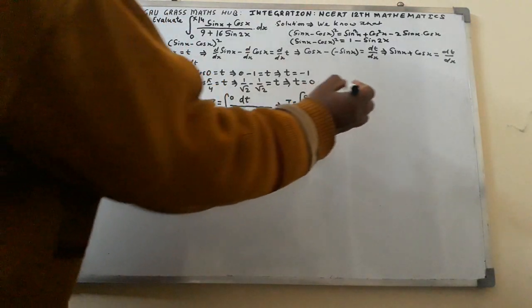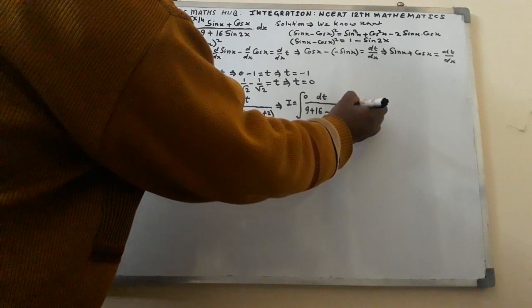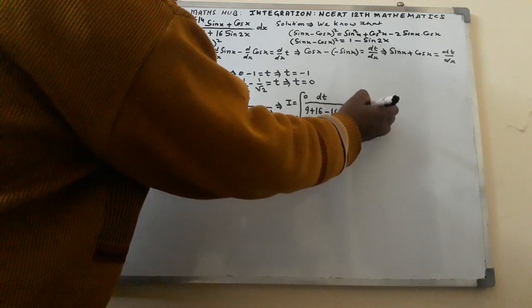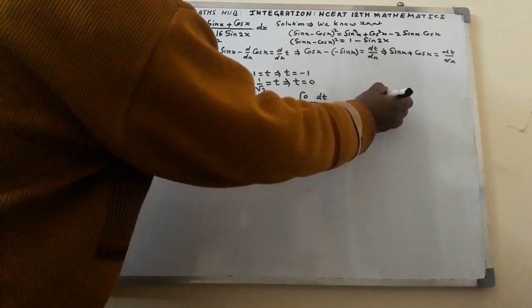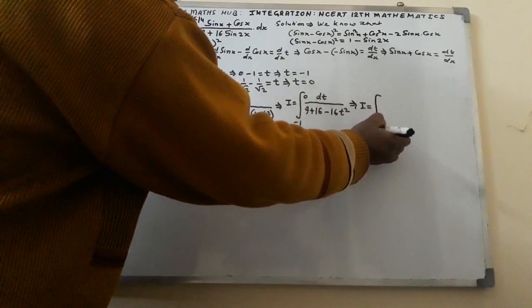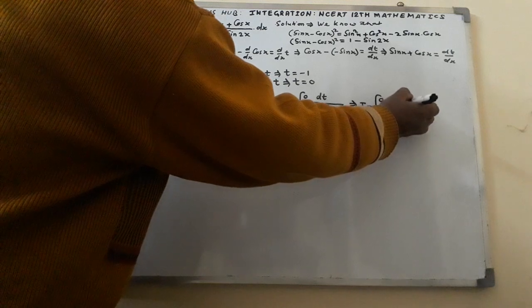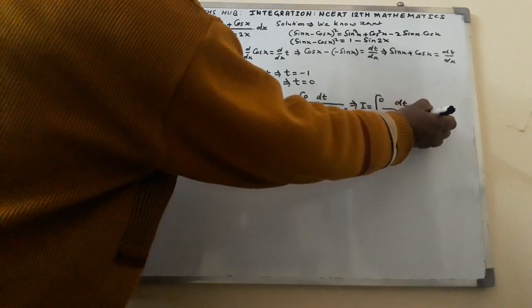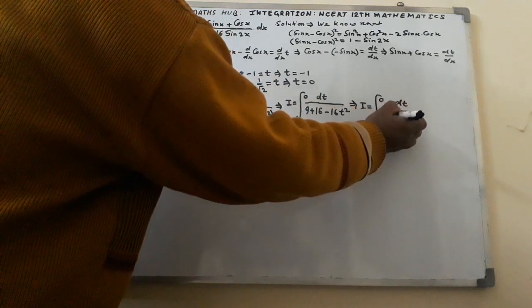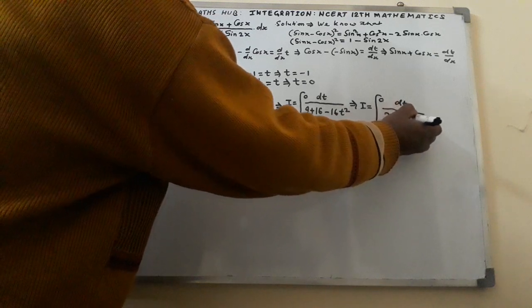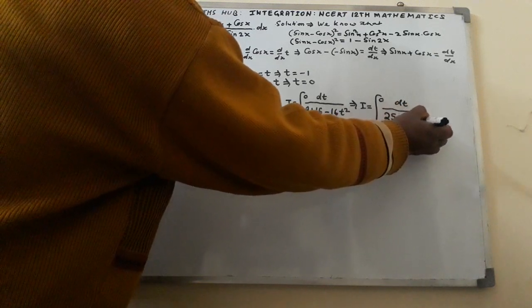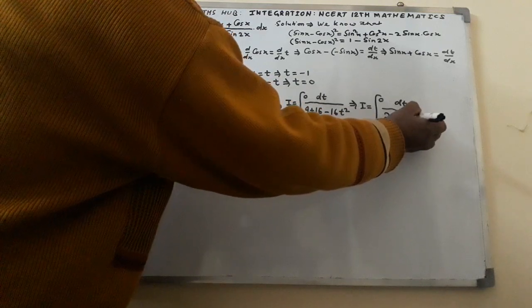Again I can write very well, implied that I equal to integral from minus 1 to 0, dt over 25 minus 16 t square.